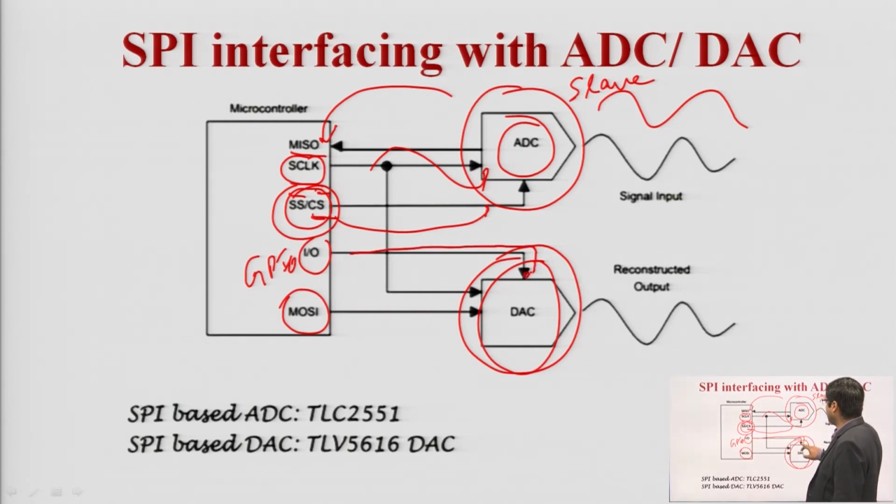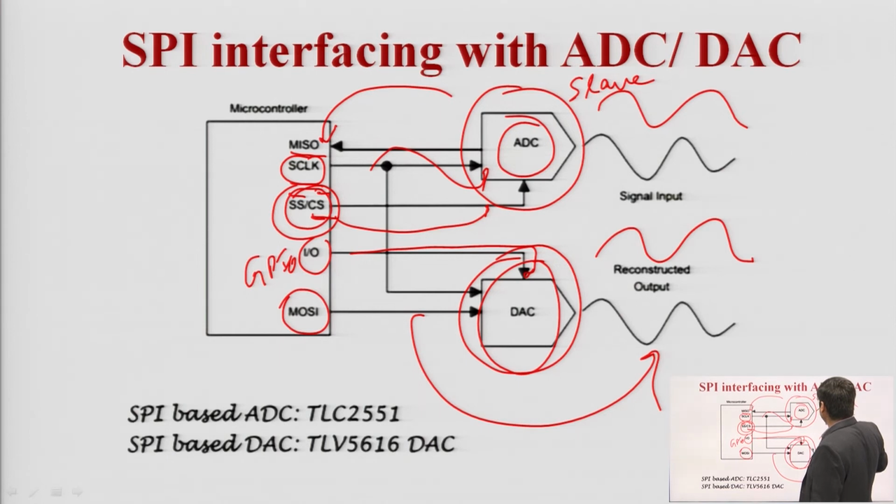The DAC takes the data which has been converted from analog to digital and converts it back from digital to analog. So the output of the DAC is again in analog form, and we reconstruct the original signal.